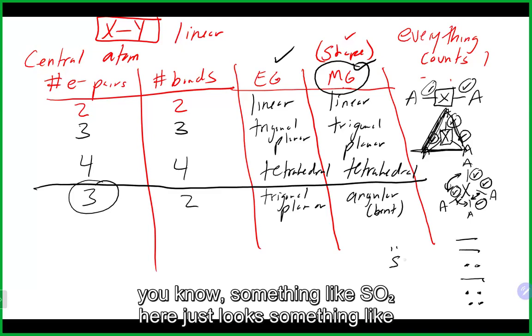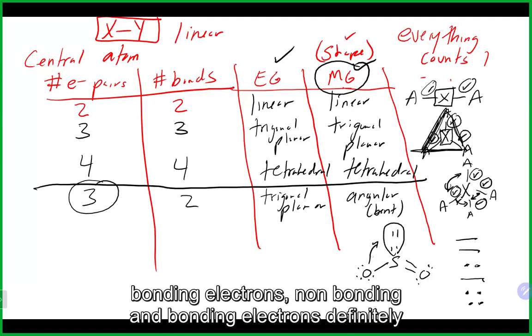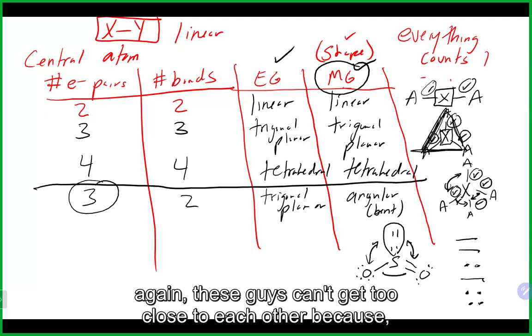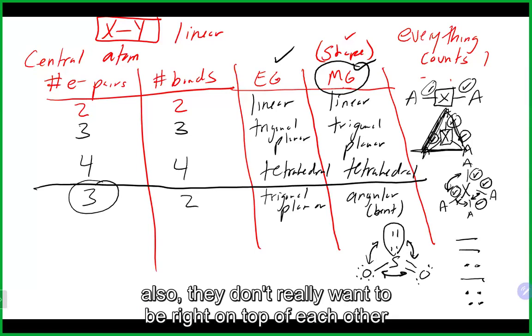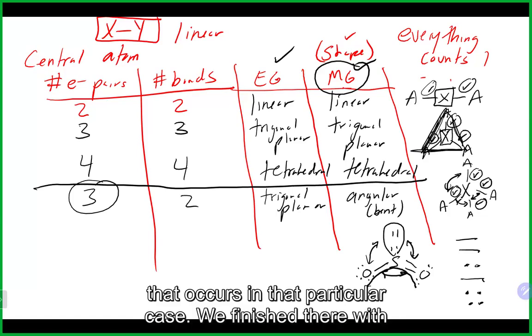Something like SO2 here. Just looks something like that. And again, what's going to happen is we have these non-bonding and bonding electrons definitely trying to get away from each other. Also on this side. But again, these guys can't get too close to each other because they don't really want to be right on top of each other either. So again, we get that angular or sort of bent shape that occurs in that particular case.